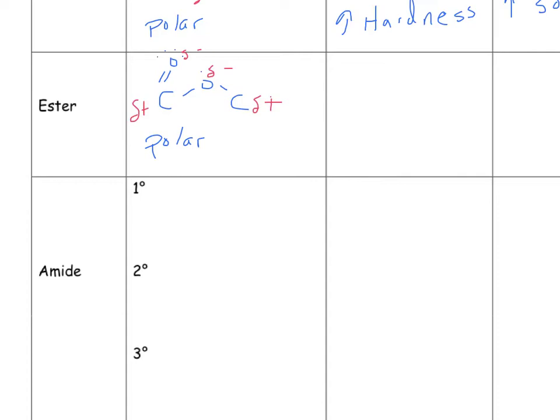Because there are no H's directly attached to the O's in an ester, you can only make dipole-dipole attractions, but you have two oxygens, so you have two possible locations to do that. This increases the melting point and increases the hardness of the compound.